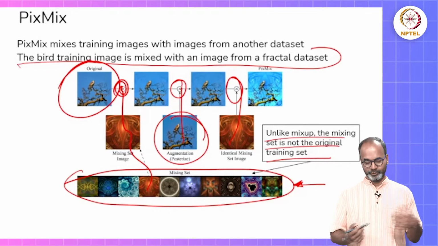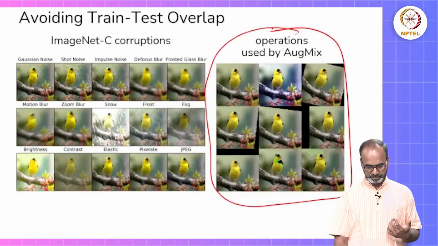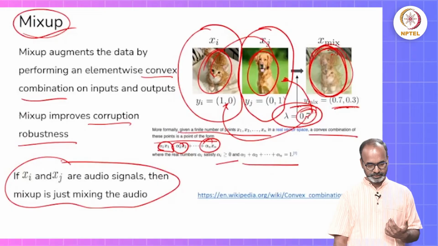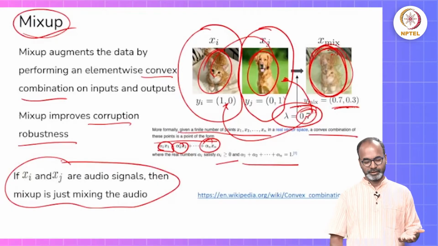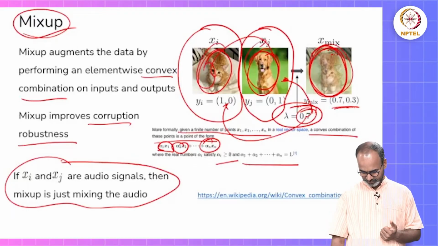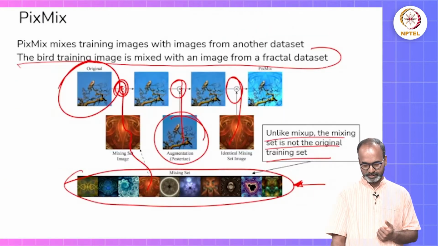Right, so if you remember the Mixup idea, all of these are from the original data set, whereas here what we are doing is the mixing set is not from the original data set.